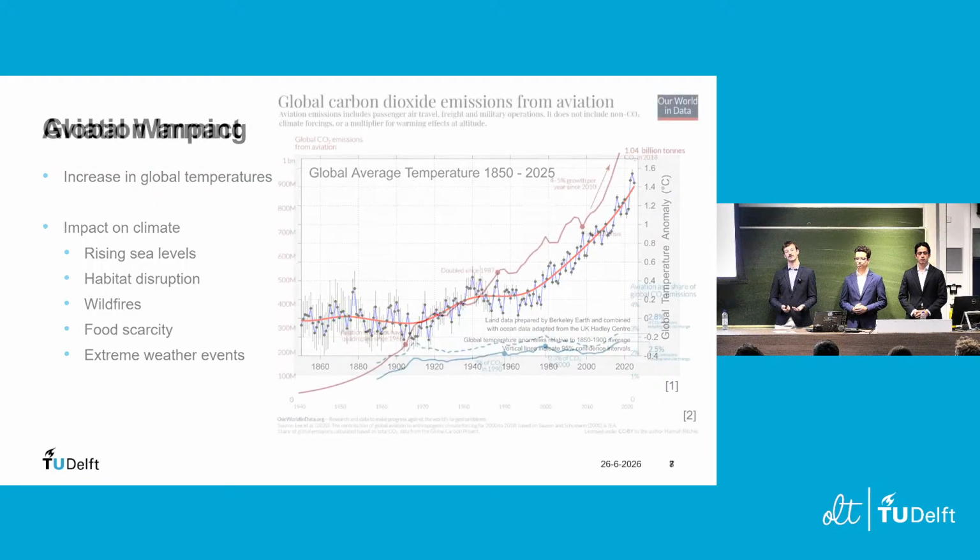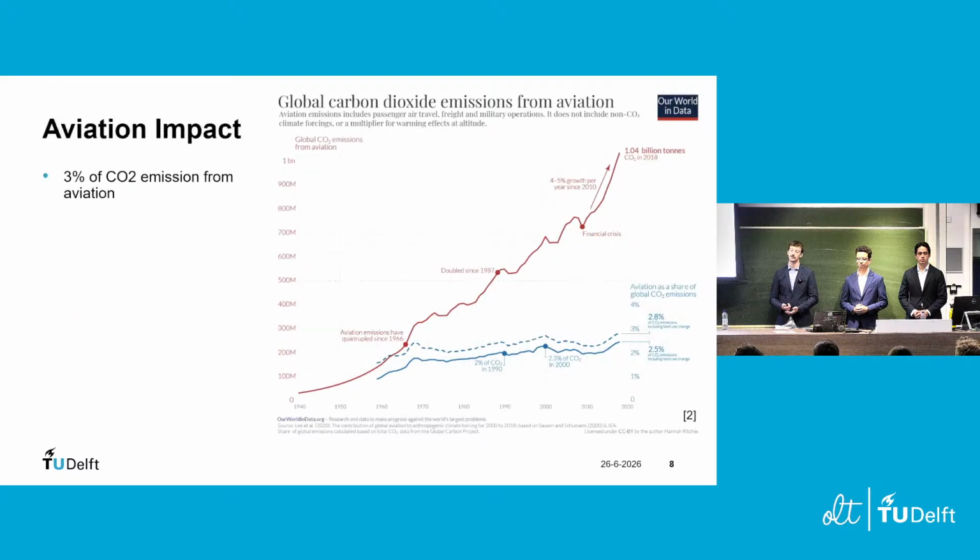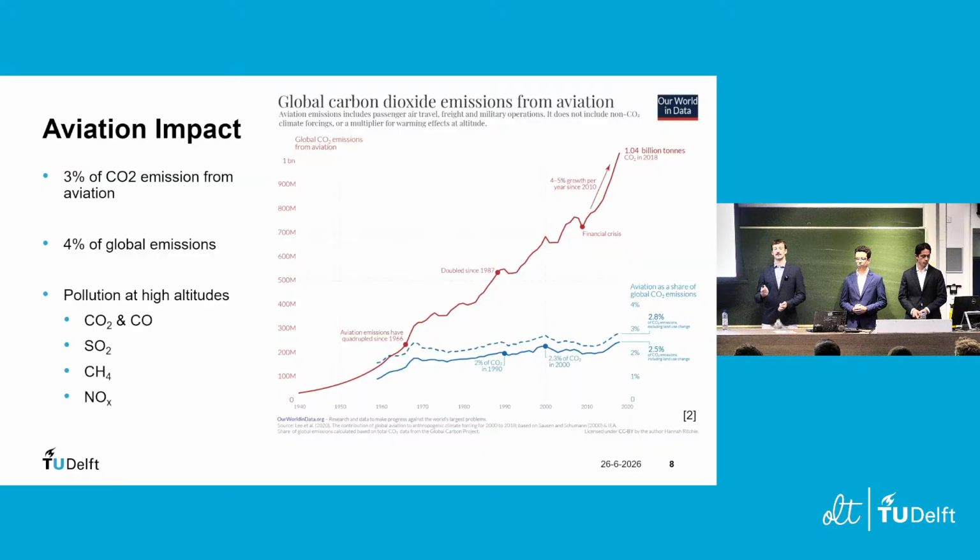Aviation plays a really big role in this. 3% of CO2 emissions come from aviation, and 4% of global emissions come from aviation. And this is not just CO2 emissions, but pollution delivered at high altitude, also of carbon monoxide, sulfur dioxide, methane, nitrous oxides, and contrails, the white lines we see here on a nice clear day.